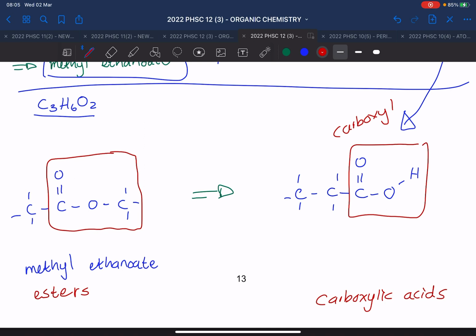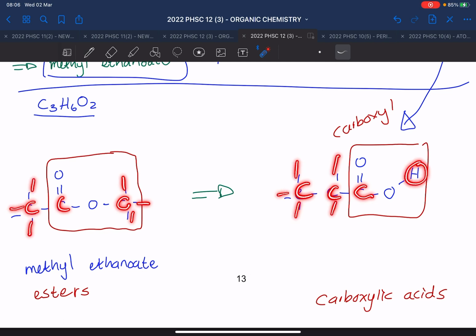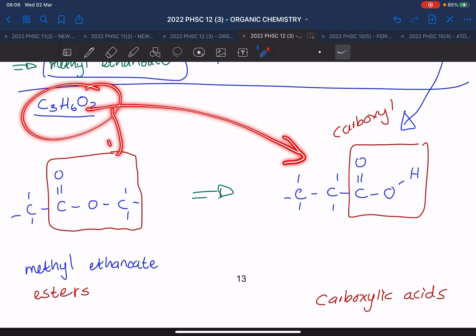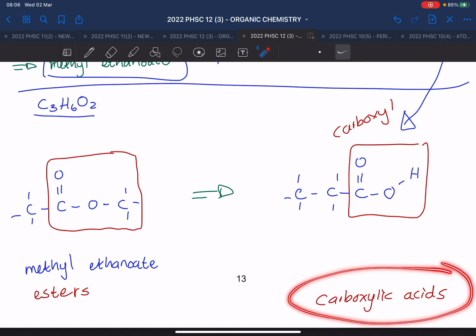What I want you to see here is that there are 3 carbons here, and 3 carbons there. There are 6 hydrogens here, 1, 2, 3, 4, 5, 6 hydrogens there. 2 oxygens, 2 oxygens. So the molecular formula is exactly the same for this one as for this one, but the functional group changed. So the entire function of this thing changed.